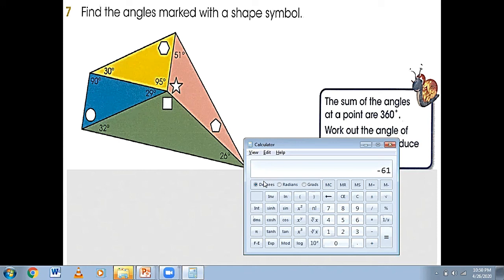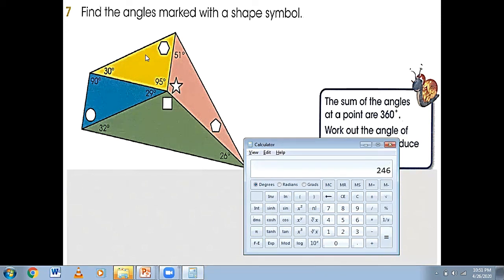Now the third one, we have these two, 32 plus 26, then 180 minus that. So here should be 122. As we know, if here is 122, the sum of all angles should be 360. 122 plus 29 plus 95.